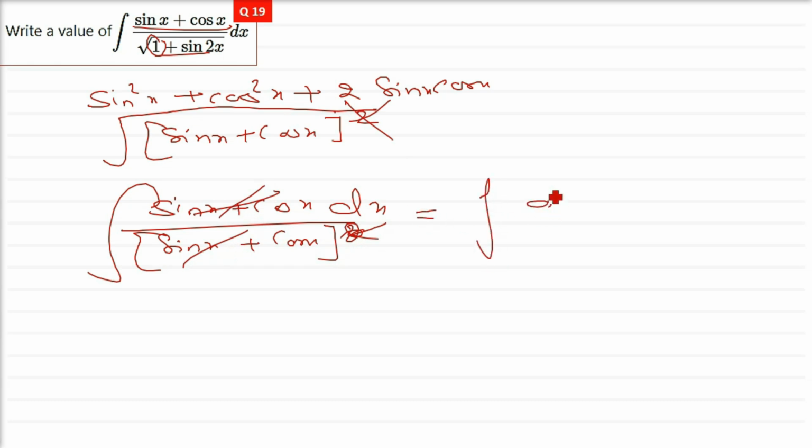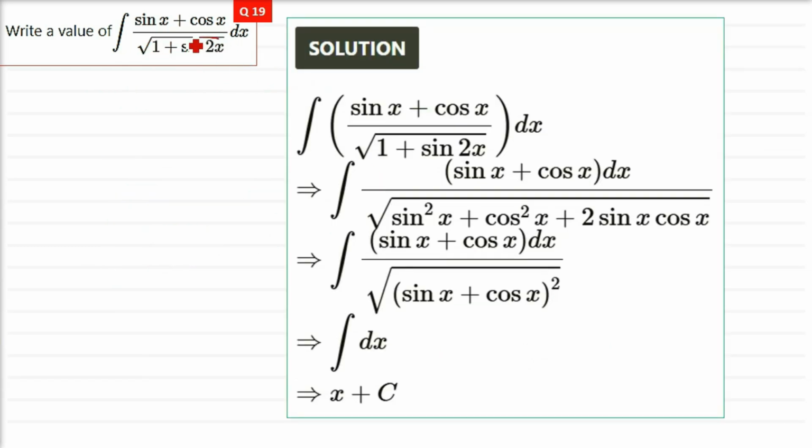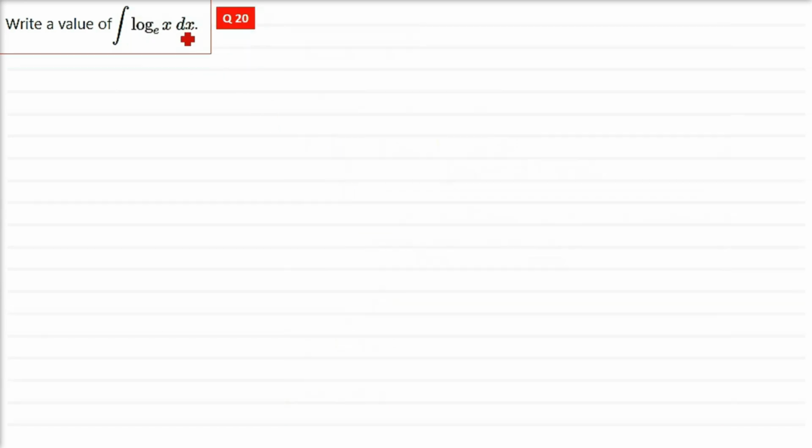So the numerator and denominator will be identical, which can be cancelled. So you just have to integrate dx, because everything will get eliminated just by the rules of trigonometry. X plus c will come, because integration of dx is x. Now if you are aware of trigonometry, it's very easily solvable in less than 15 seconds.